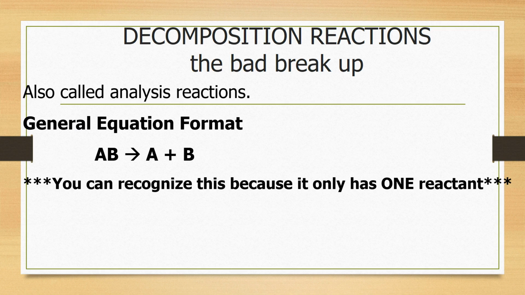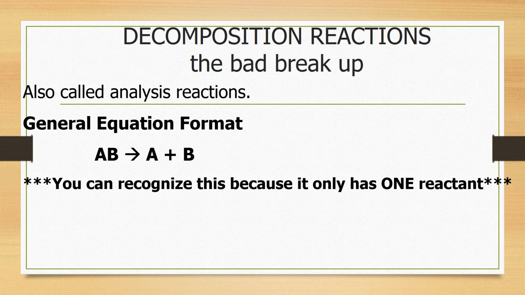So if we take a synthesis and flip it around, we get one thing, one compound, one molecule that breaks up into smaller parts. All right. And so in decomposition, the big thing is it's only going to have one reactant, and then it's going to have multiple products.